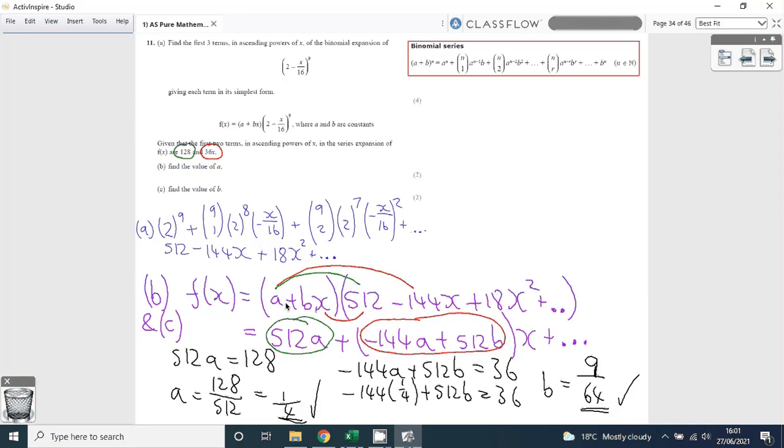It's where a times minus 144 gives us minus 144ax, and then our second claw giving us x's is the bx times 512. So our coefficients of x are the minus 144a and the 512b, and these together give us the 36. So we've got minus 144a plus 512b equals 36. We know our a from part B. Substitute in, we can work out that b is 9 over 64.